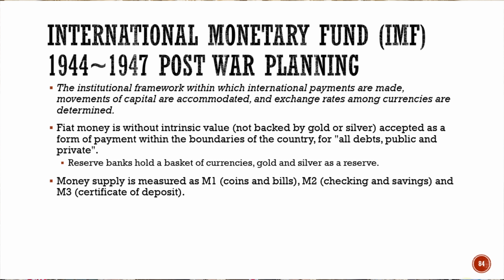Now, although it's not directly backed by gold and silver, reserve banks do hold a basket of different currencies, gold and silver, just to back up in case someone gets concerned about a certain nation state and starts selling that currency and exchanging it for a home currency.